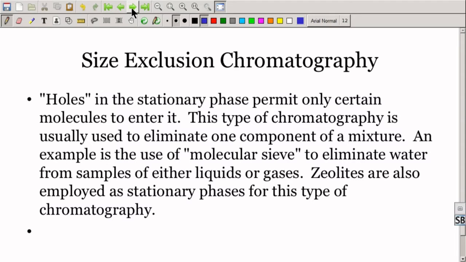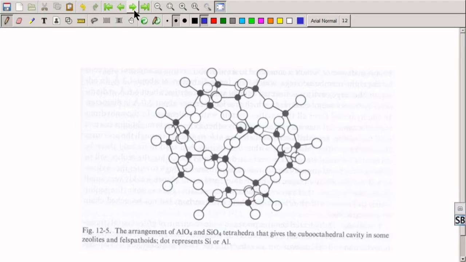Okay, the class of compounds that we use for this kind of thing are called zeolites. They're silicas, but not pure silicon dioxide. They usually have other things in them like aluminum or sodium. But the way they crystallize, you've got some kind of network with a large hole in the middle of it. You can kind of see it from this picture.